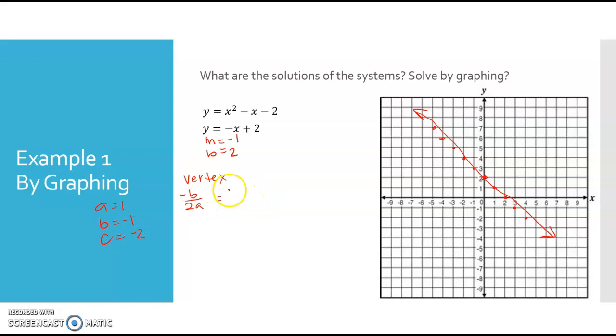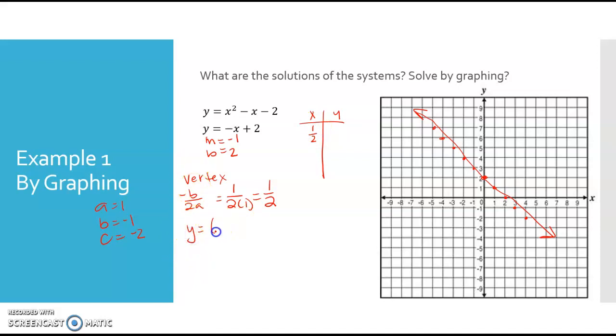So then we have the opposite of B, which would be +1 over 2 times 1, which leaves us with 1/2. So that's our x value, right? If we were to make our table, x, y, our vertex is going to start at 1/2. Now to find my y value, I'm going to plug 1/2 into my equation.